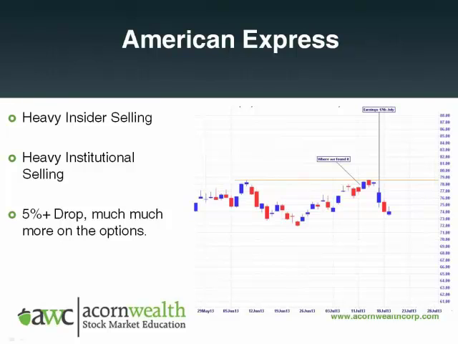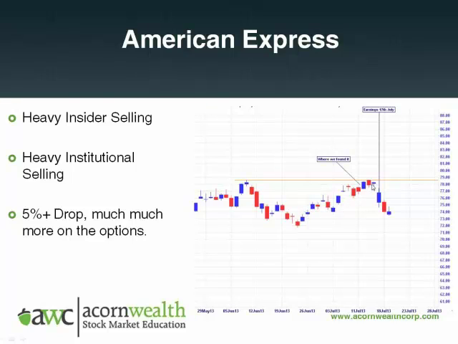And so this is another one of those trades. American Express, same type of thing. It was up to heavy resistance, heavy institutional trading, heavy insider trading, and just as it hit that resistance, that's where we called the short on it. And then immediately after, straight down, and our area we wanted to get out was once again $74, because you can see that was the last place it bounced off.